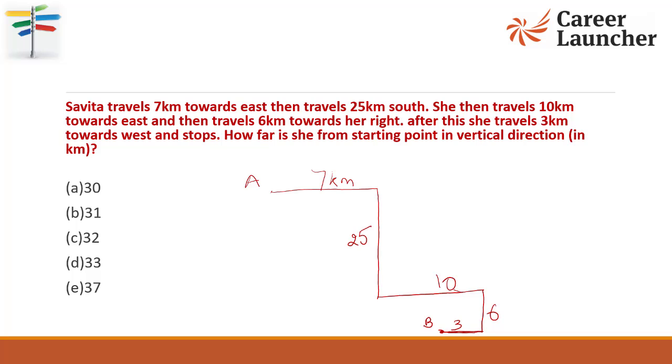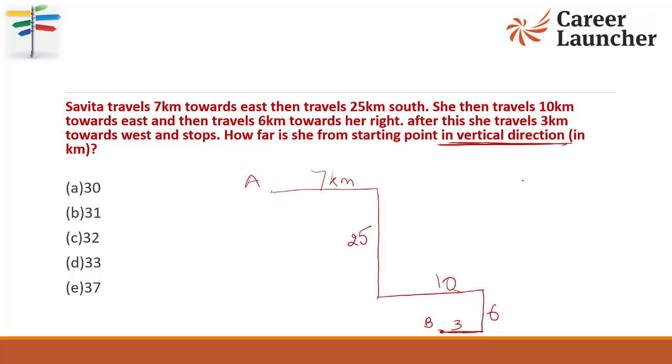Now the question is, how far is she from the starting point in the vertical direction? A very important thing is this word, vertical direction. We are not asking the minimum distance between the starting point and the end point. Vertically, how much down she has traveled from her starting level.